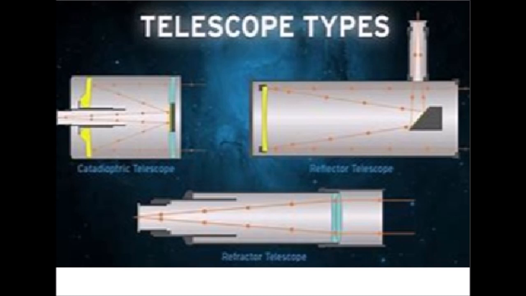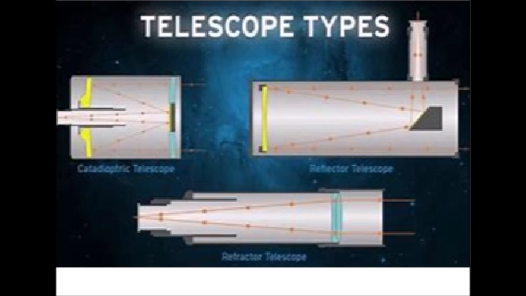Once you get into astronomy, anybody can buy one telescope, but if you are really serious about astronomy, you will be tempted to buy more than one. So buying a telescope is also very important.